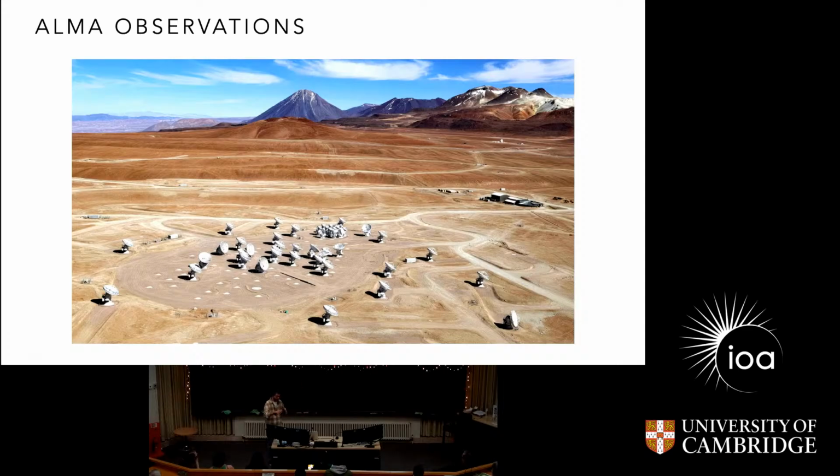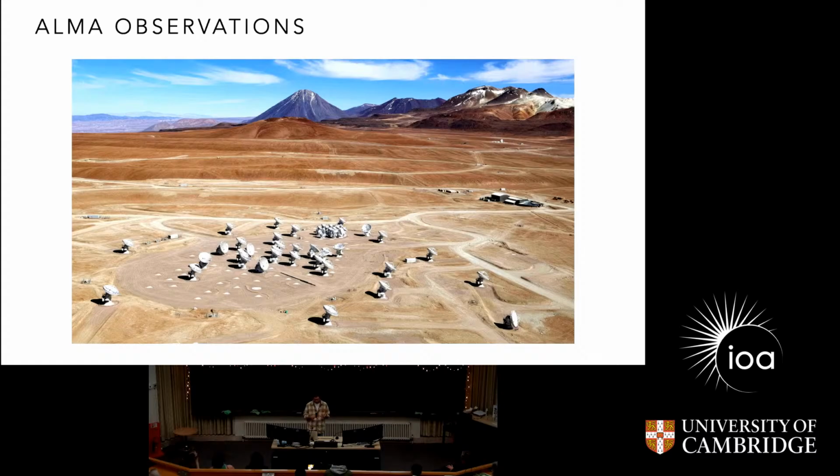So these antennas can be moved in the desert, and the signal from a system you are observing arrives at the observatory, and basically by collecting the signal from the different antennas, we can then reconstruct the image of the sources we are looking at.